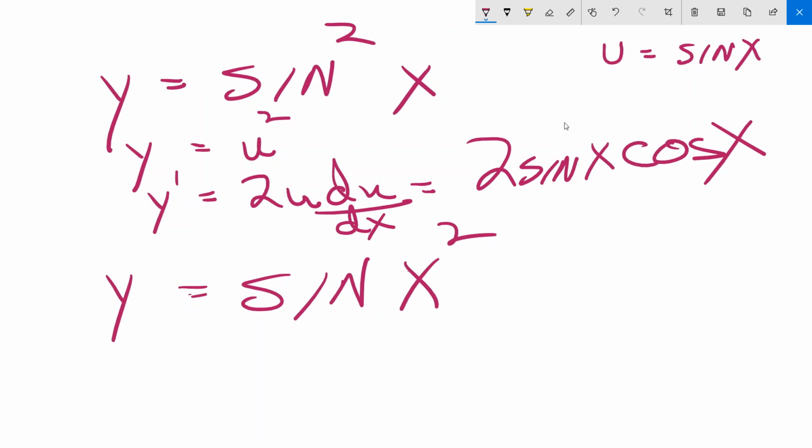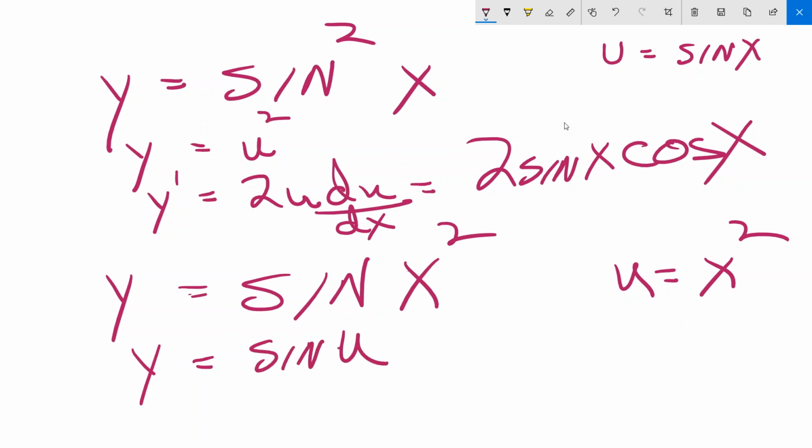I'm not going to erase anything because now let's do the second one. What's the second inside? So this is x squared. Completely different. So if y equals the sine of u, what is y prime? That means y prime is the cosine of u times du dx.